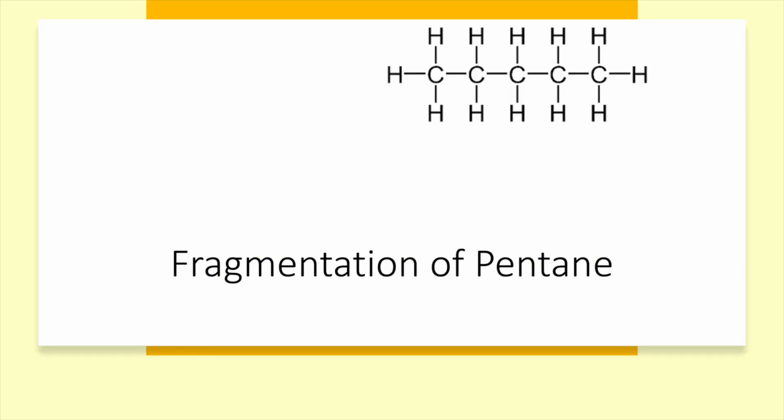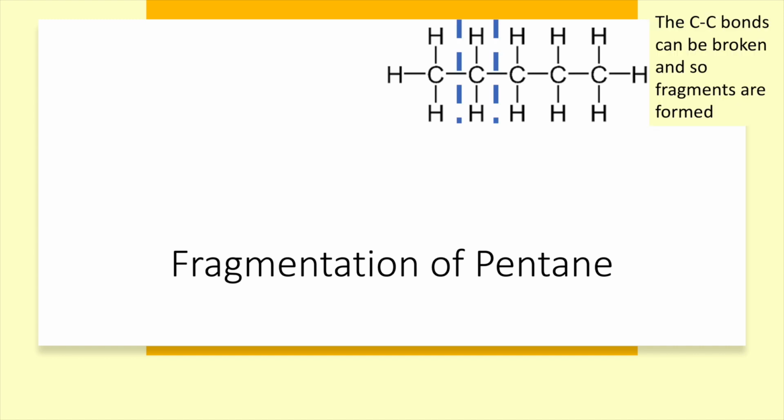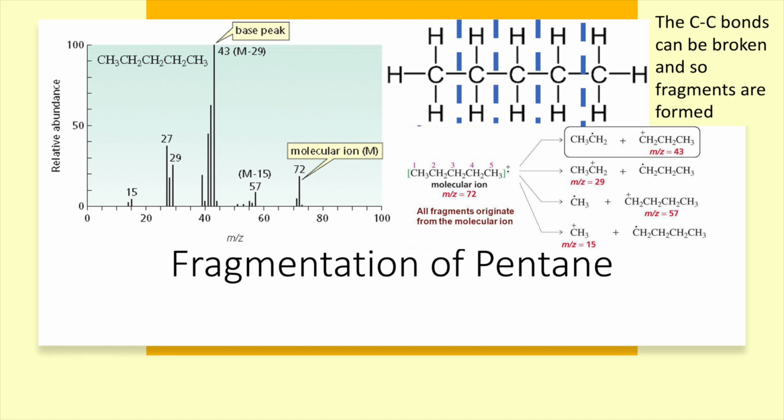So let's look at an example of pentane, C5H12. The C-C bonds can all be broken, so we get a variety of fragments. If you break between the first and second carbon, we end up with our CH3 peak, which is our m/z 15 on the far left-hand side.